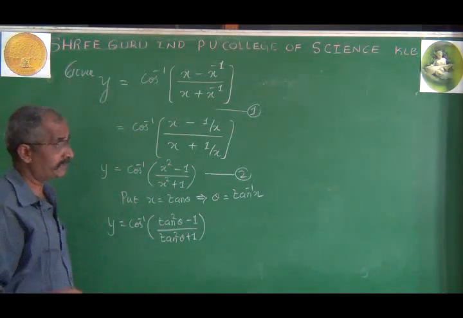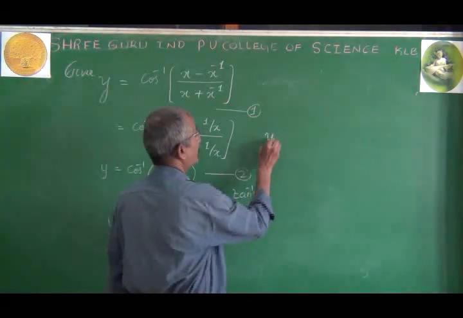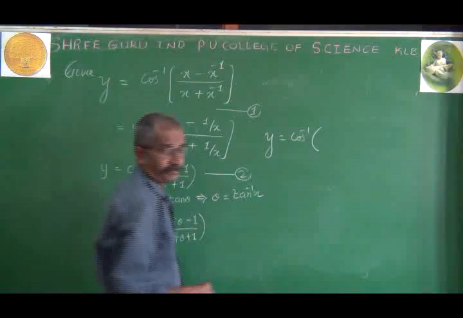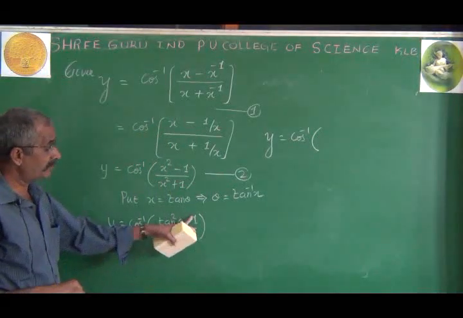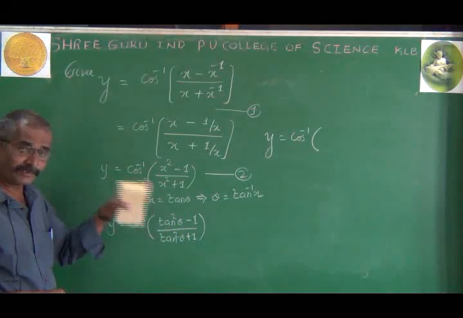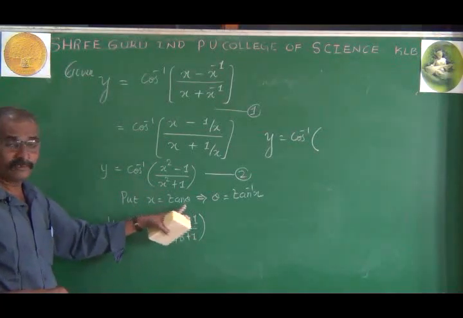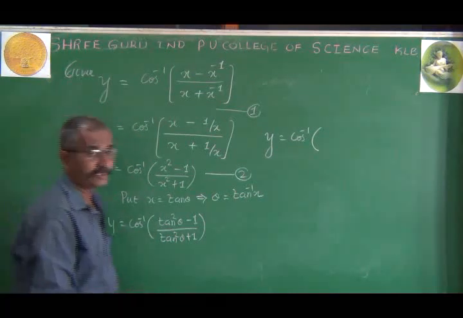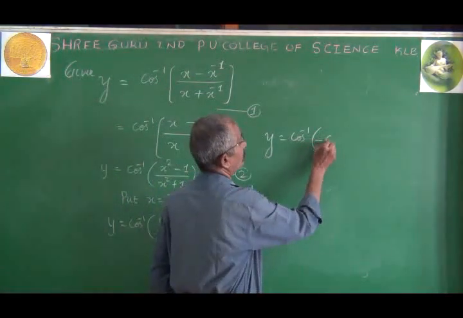With an extra minus sign introduced, y becomes cos inverse of the bracket. The actual formula is (1 minus tan square theta) by (1 plus tan square theta). It is exactly of that type, no doubt, but there is a shortage of minus. That can be fulfilled with an extra minus, minus of cos 2 theta.